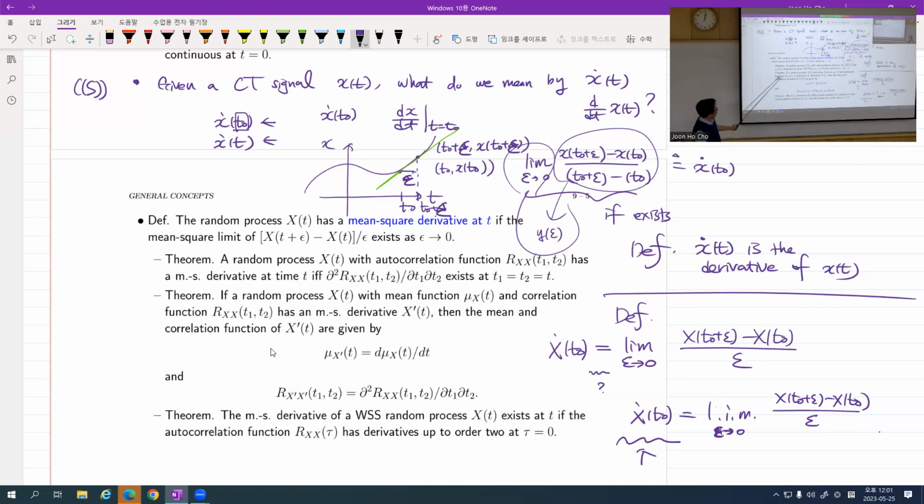So suppose x prime. Okay, it seems here I use prime, not dot. Okay, x prime. Yeah.